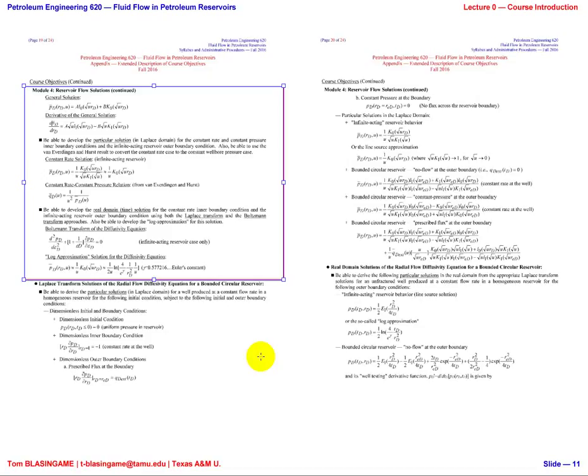It's the constant rate inner boundary condition, infinite acting outer boundary condition. That is the only case the Boltzmann transform works for. But the Boltzmann transform does what? It allows us to redefine a z variable in terms of r_D squared over 4t_D or r_D squared over t_D, however you want to reconcile it. And by substitution, that variable allows us to solve the differential equation. It converts it to a common form, if you want to call it that.